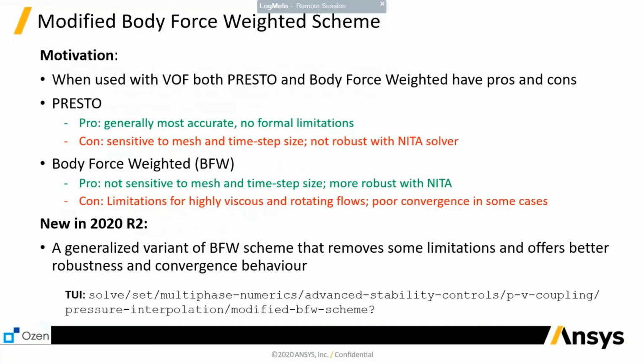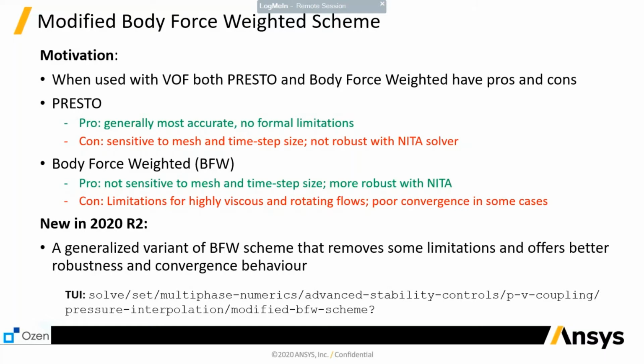We have different methods for multi-phase flows, Presto and BFW, which stands for body force weights. The Presto was quite accurate, but it was sensitive and not robust, especially with meta, so it wasn't that popular. But body force weighted was more popular because it was quite good with different meshes.